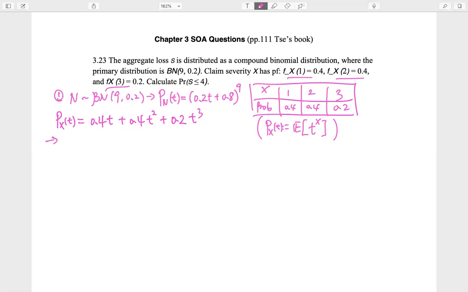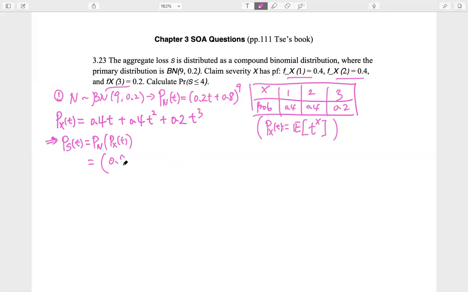Given this is a compound model, the PGF of the aggregate would be P_N of P_X. That means I'm going to substitute everything in. So 0.2 times everything would be 0.08t plus 0.08t squared... there's some mistakes on that, I'm missing a 0.